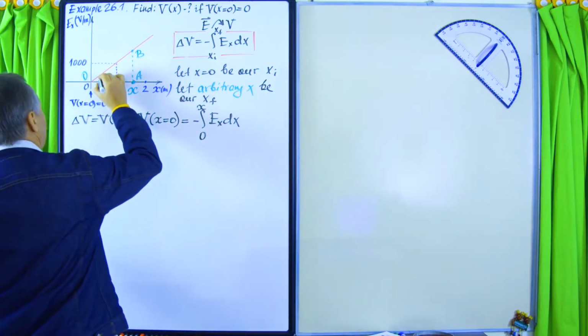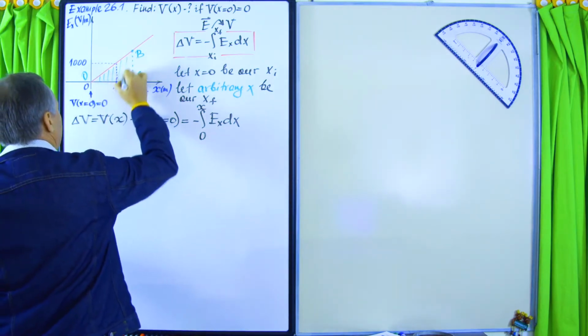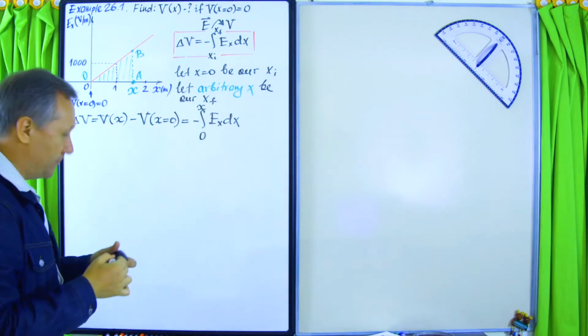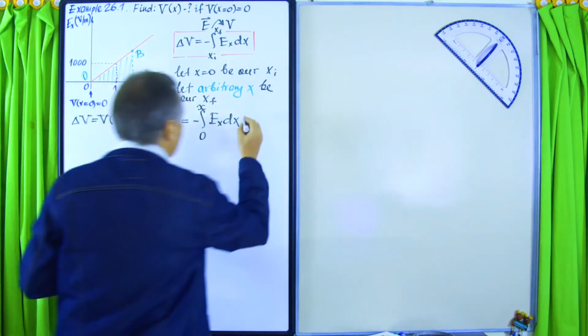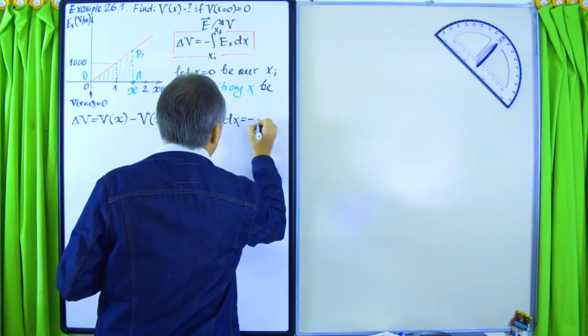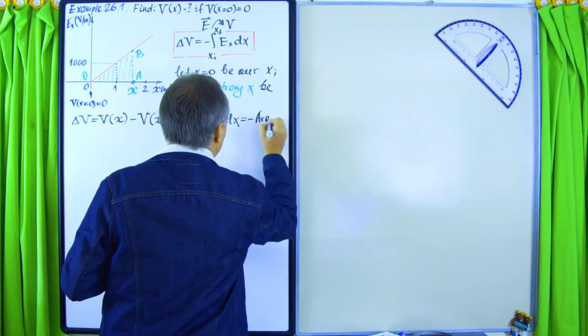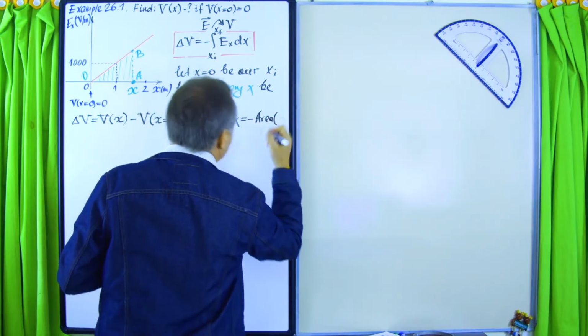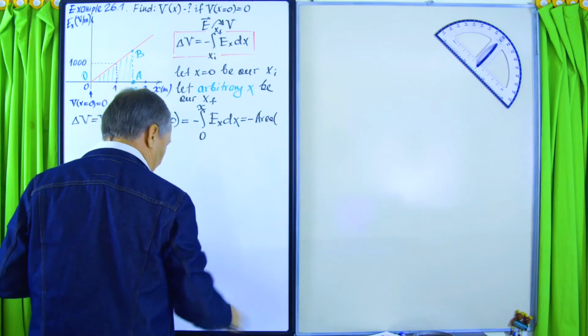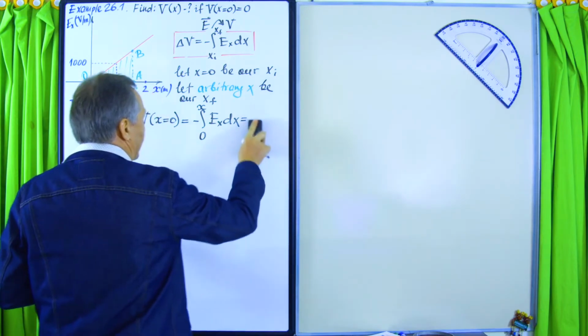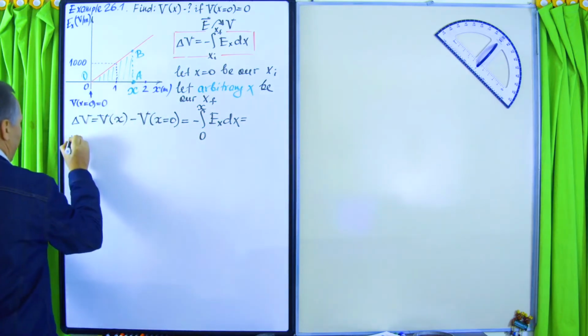I can even highlight it, something like this. So this equals minus the area over... I cannot fit it, so let me rewrite this on the next line.